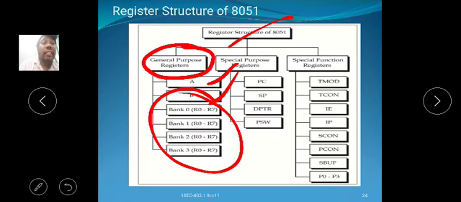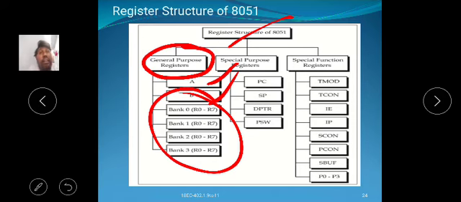The special function registers, the timer control registers, are TMOD, TCON, the timer control register and timer mode register, and the interrupt enable, interrupt priority, serial control, parallel control, serial buffer, and 4 ports, P0 to P3.